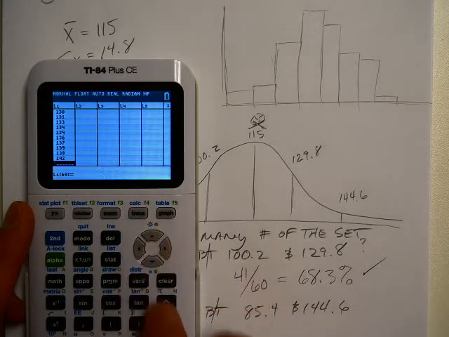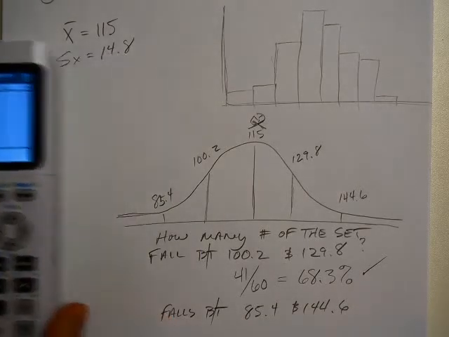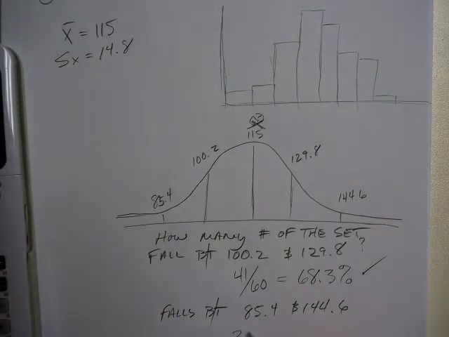And if I go up to the higher numbers, I've got no numbers greater than 144. So I have 2 out of 60, which I believe is exactly 95%, isn't it?